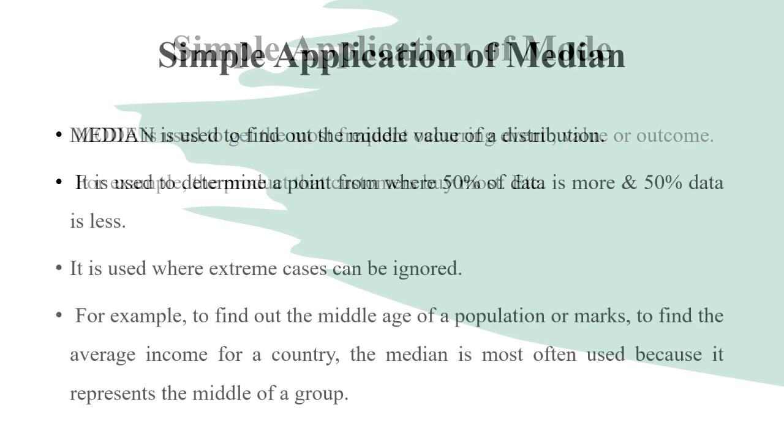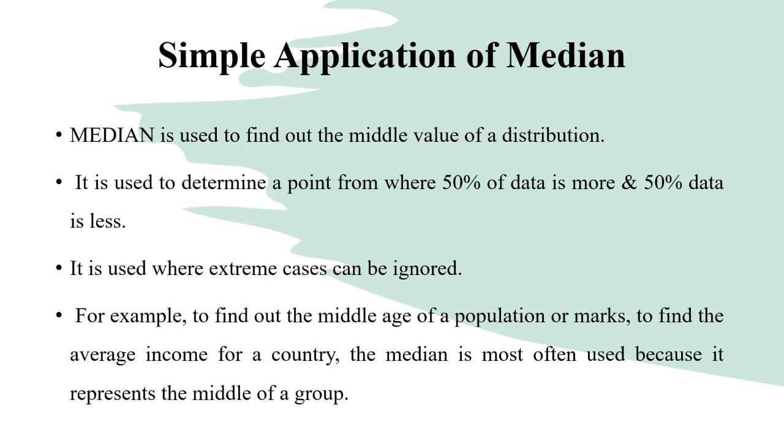We have the median. The median is used to find out the middle value of a distribution. The median is used to determine a point from where 50% of the data is more and 50% of the data is less. It is also used where extreme cases are not put into consideration, that is, they do not have any effect on the outcome.